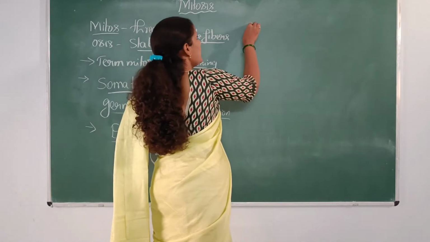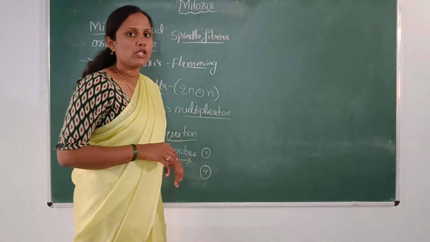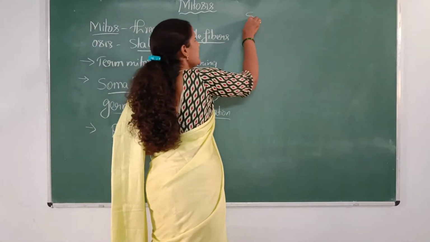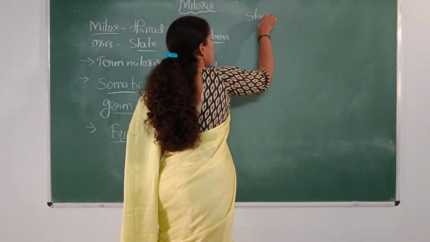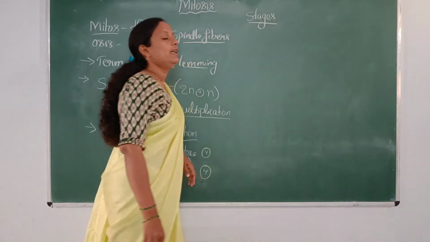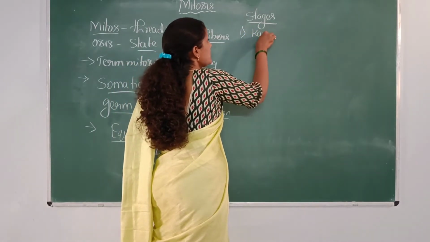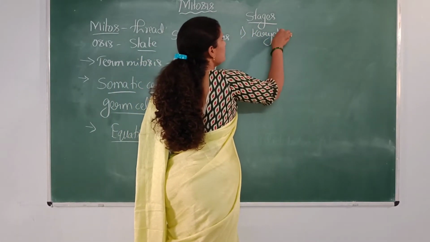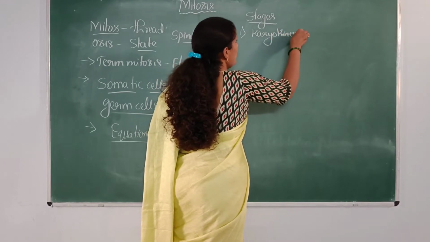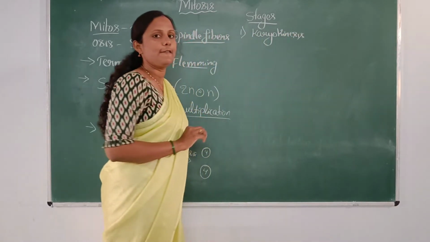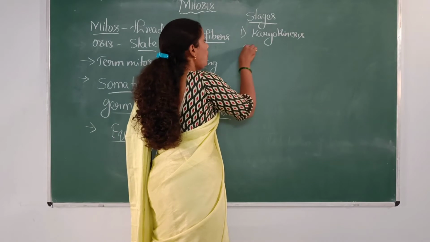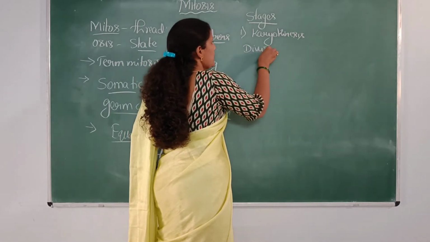And the mitotic cell division will take place in 2 stages. There are two stages in the division. One is karyokinesis. Karyokinesis refers to division of nucleus.